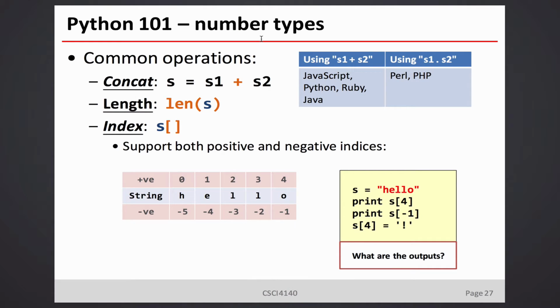Concatenation is very easy, just add. Length, use the length function to measure it. And what else? Indexing. You can access a particular character using an index, and I particularly love the minus sign notation. I don't know whether you know it or not.